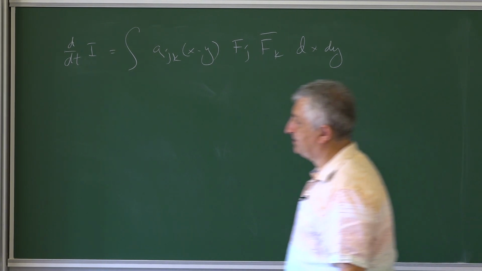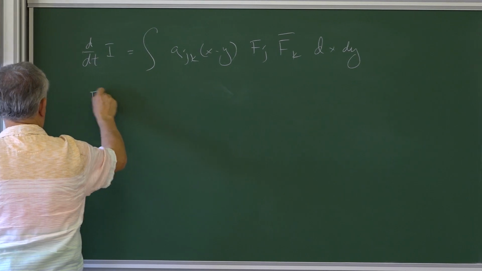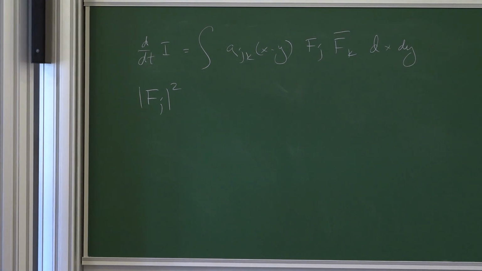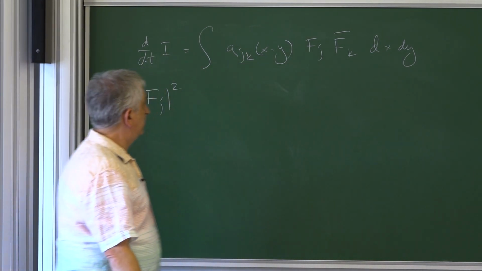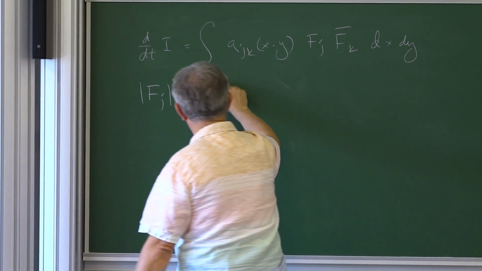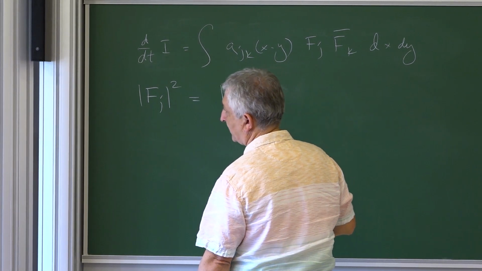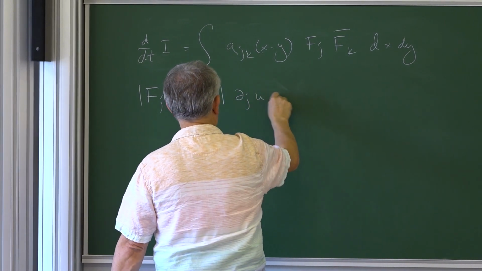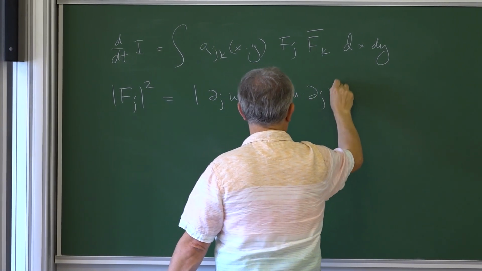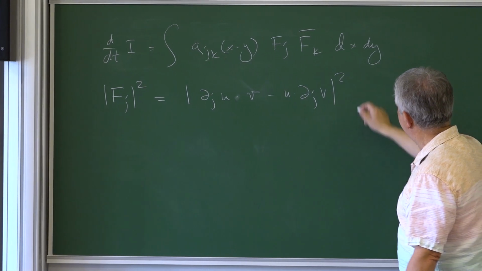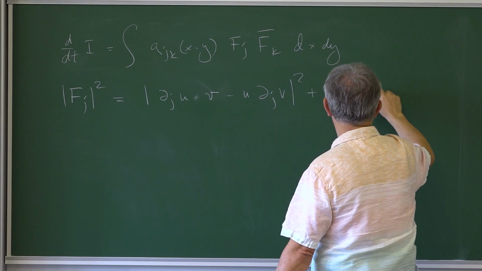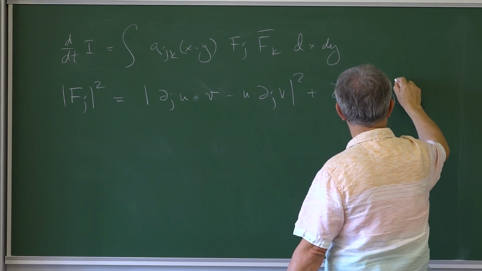And then you have another simple identity, which is that if you try to write down, let's say, fj square, which appears when you diagonalize this expression in here, you can write this as another square, which is something like dj u times v minus u times dj v, squared, and then plus dj u squared times dj v squared.